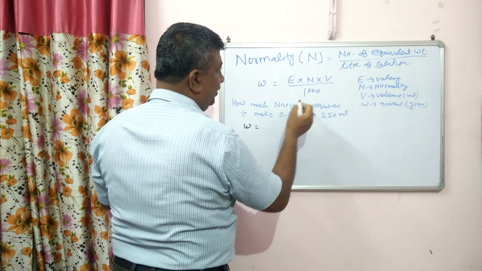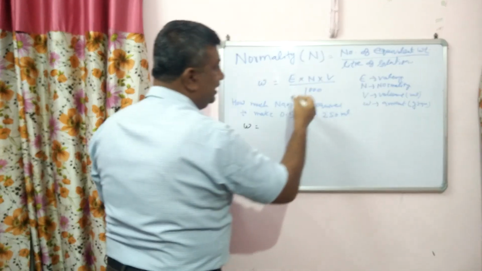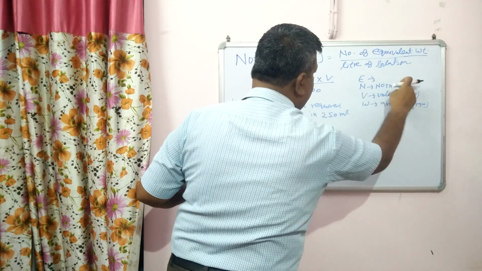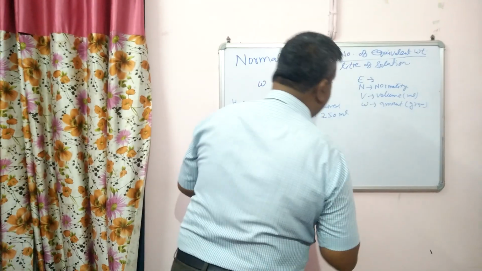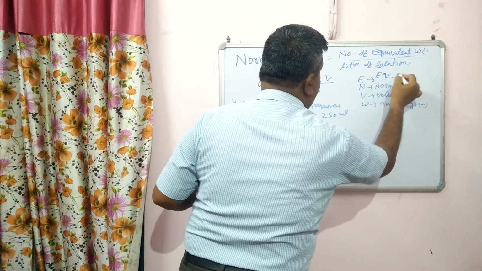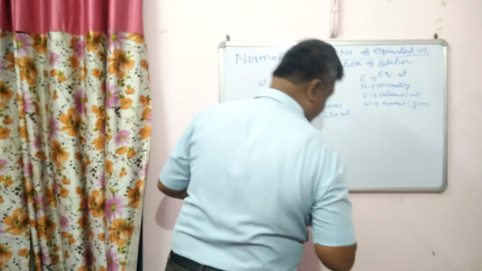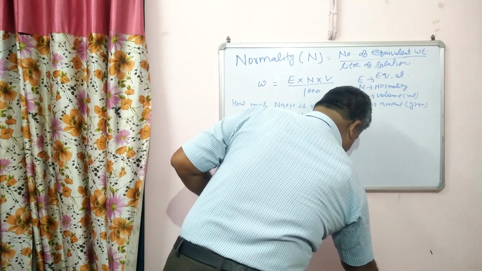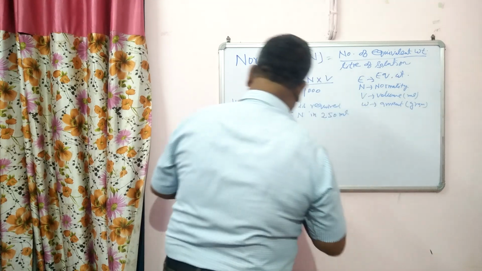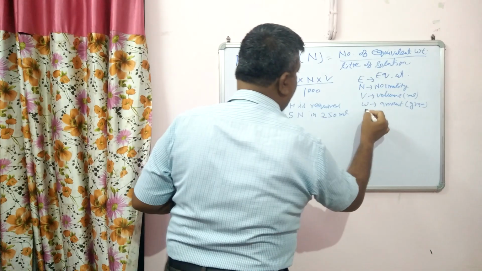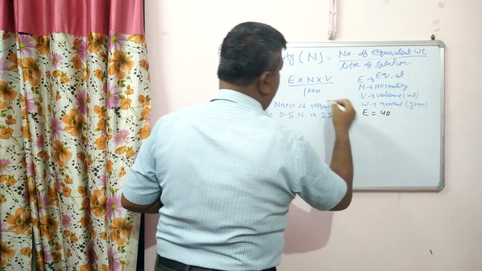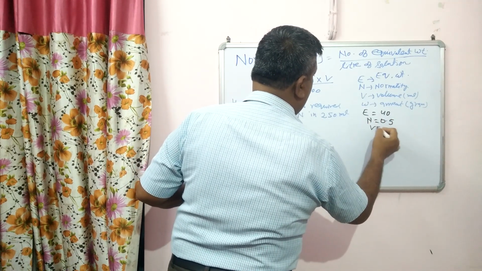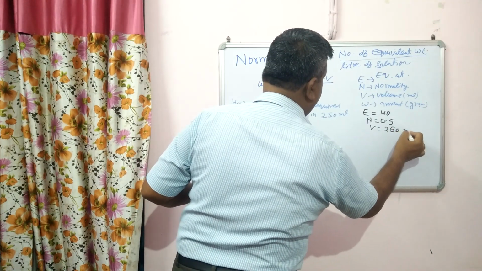W is equal to E. Now what is the valency? Sorry, not valency, it is the equivalent weight. So here the equivalent weight E is equal to 40, normality is given 0.5 and volume is given 250 ml.